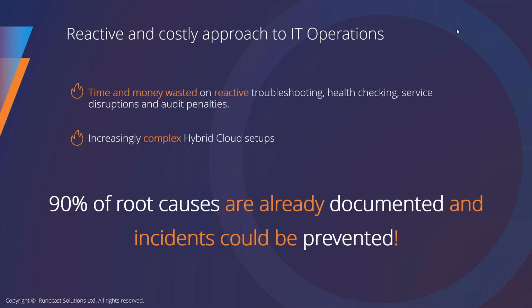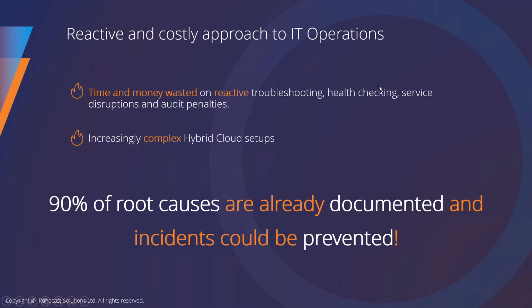So we figured out that if we can somehow leverage all of this human readable knowledge, which is available online, but only used reactively, we can proactively discover these seemingly undiagnosable issues, bugs, best practice violations, vulnerabilities, and so on, before they cause a problem. So this is exactly what we did with Runecast Analyzer. In 2015, we released Runecast Analyzer version 1, which was supporting just vSphere.